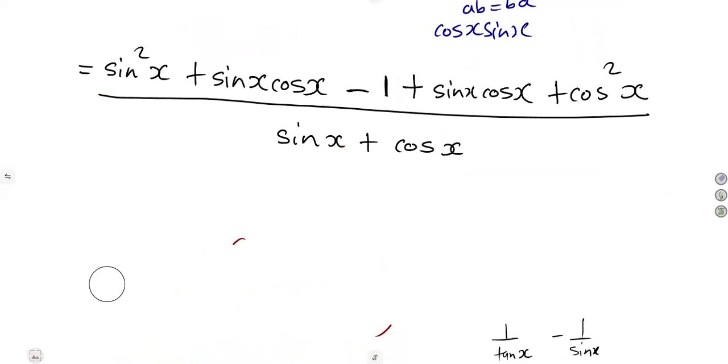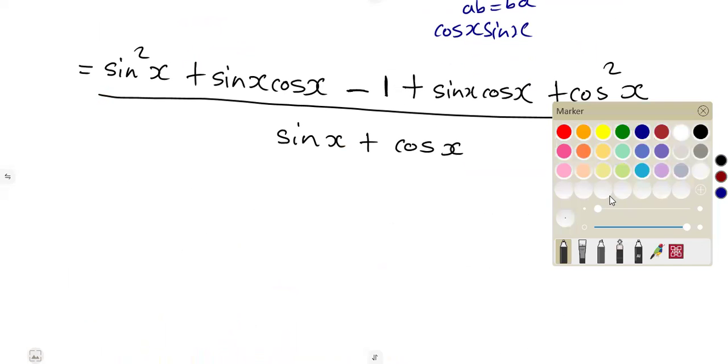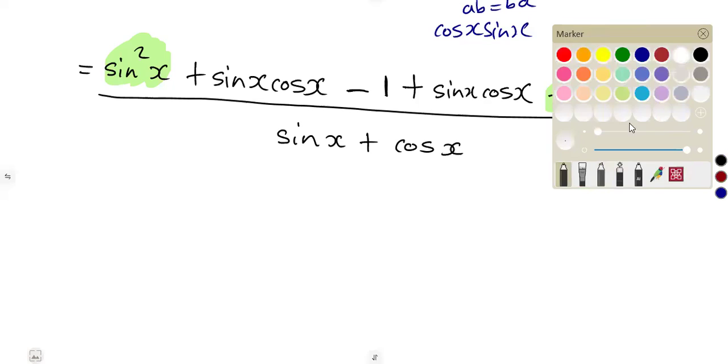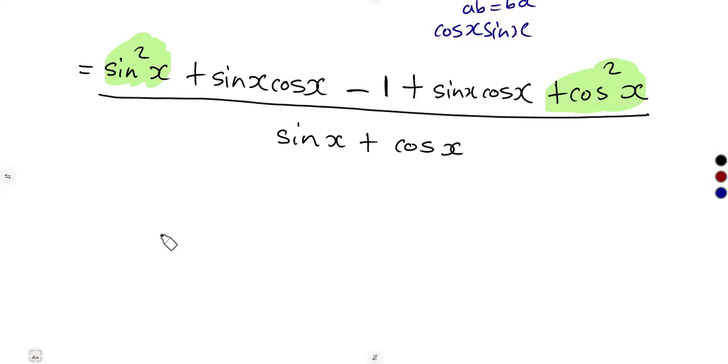Remember that once we see a sine squared and a cos squared, guys, that part we are not supposed to look aside for anything. Once you see this sine squared plus cos squared, you know that it's a 1. It's positive, it's positive. Sine squared plus cos squared is what? It's 1. So that was going to give us a 1.